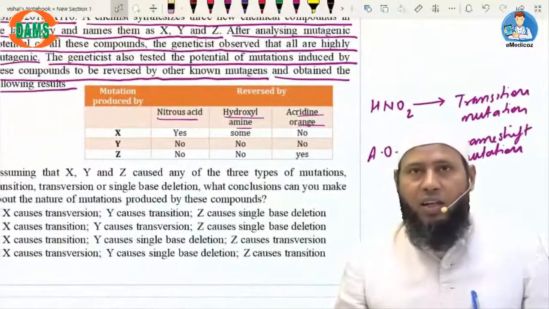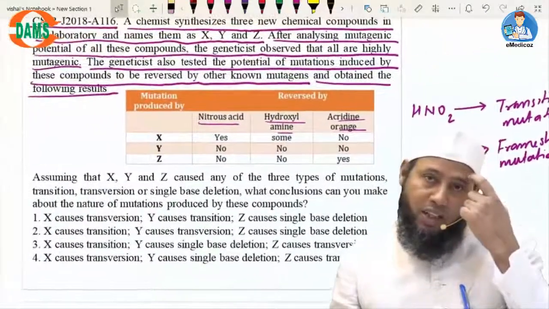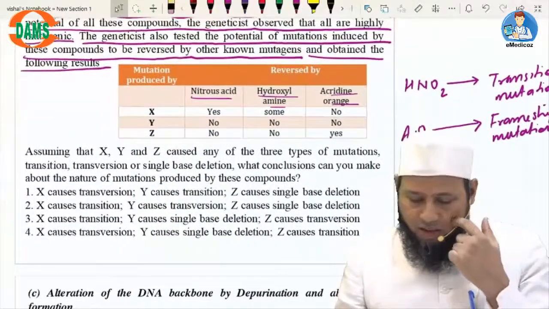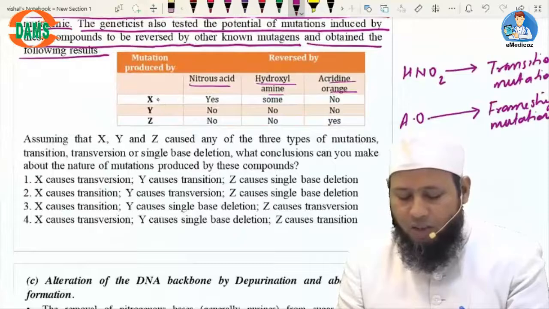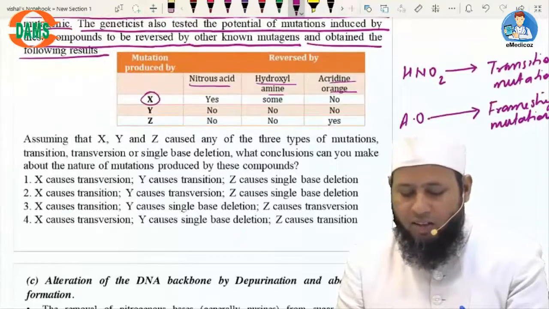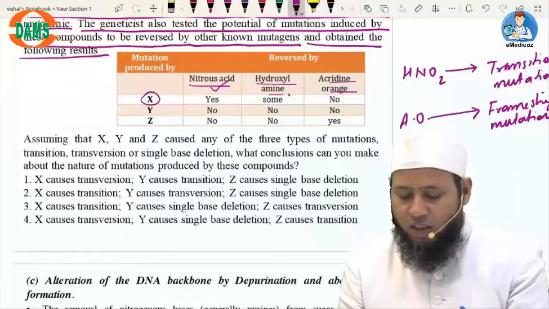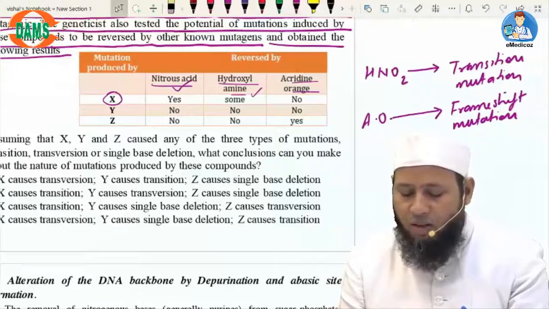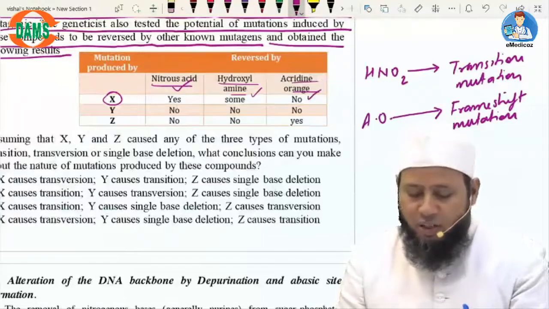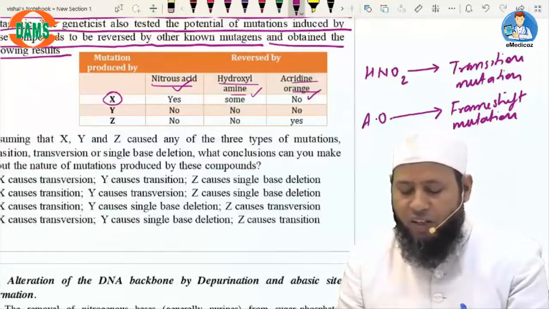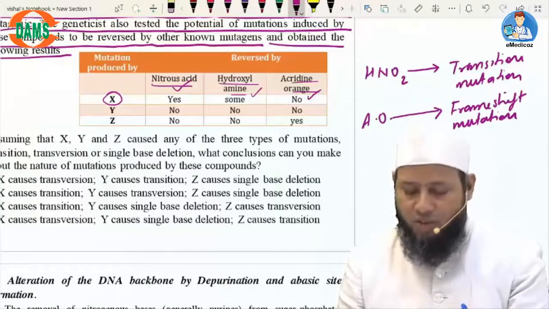Keeping that concept in mind, we will look at the observed results. The mutation caused by X is reversed by nitrous acid. It is also reversed by hydroxylamine, but never reversed by acridine orange. It means X definitely does not do the frame shift mutation.